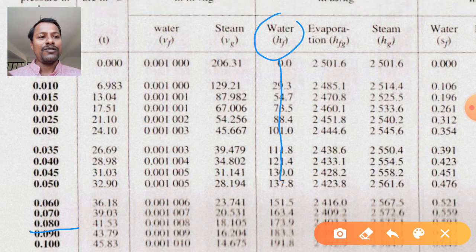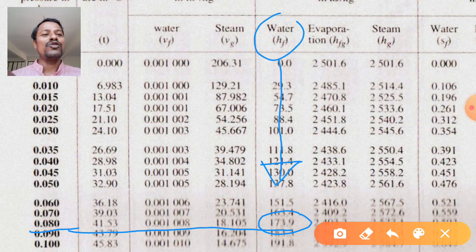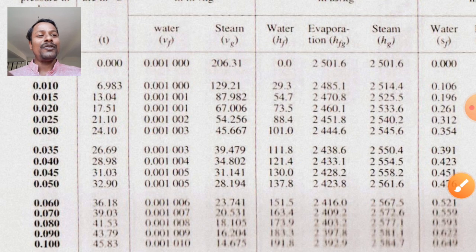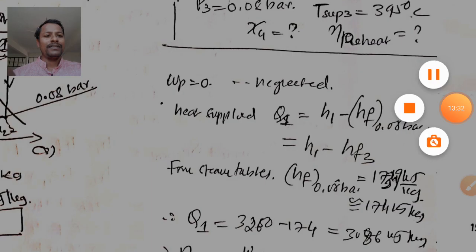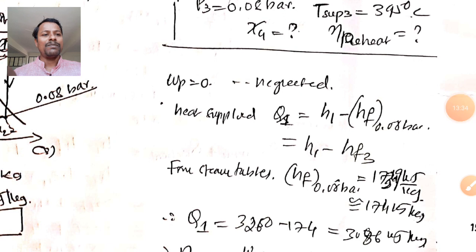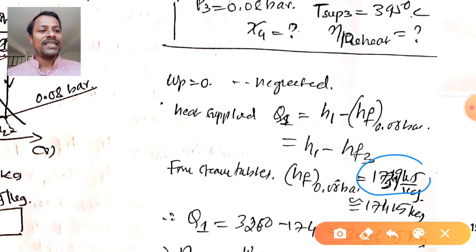If I come downward along this, I have the value as 173.9 kilojoule per kg. So this value we will use for our calculation.